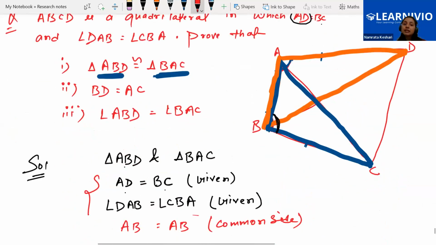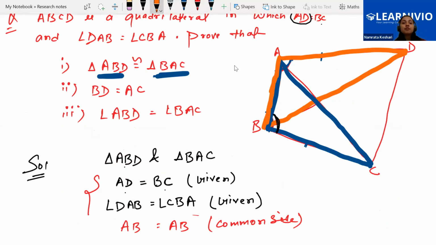That day I was telling you, after making the list, please follow the steps. Focus on any one triangle, either triangle ABD or triangle BAC. So let's focus on ABD, that means the orange colored triangle.